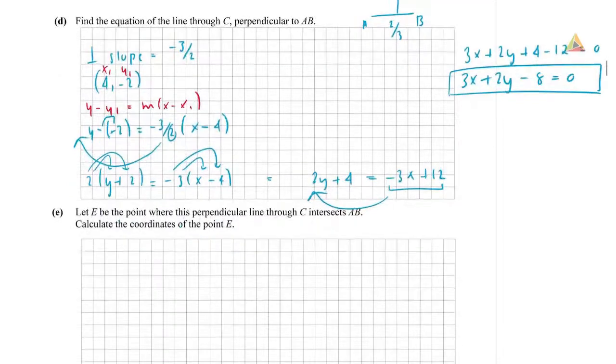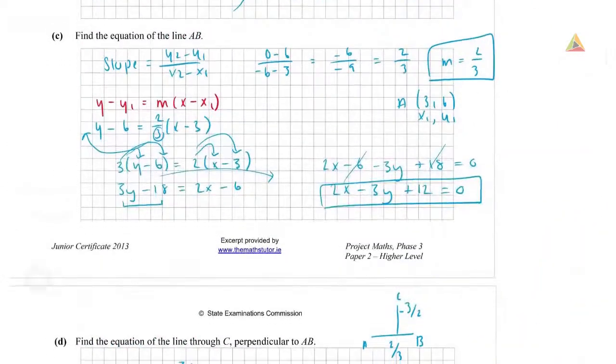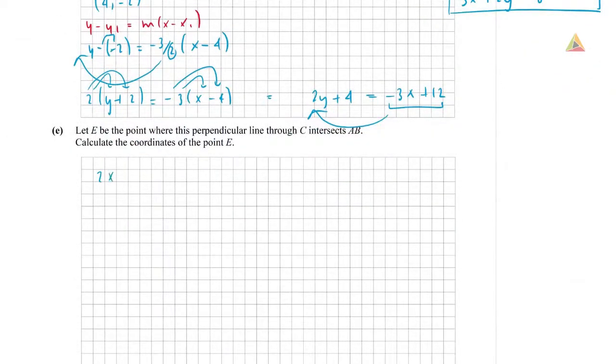Okay, so then let E be the point where this perpendicular line through C intersects AB. Find the coordinates of E. So we have the equation for AB, we got it above: 2x minus 3y plus 12 equals 0. That's the line AB.